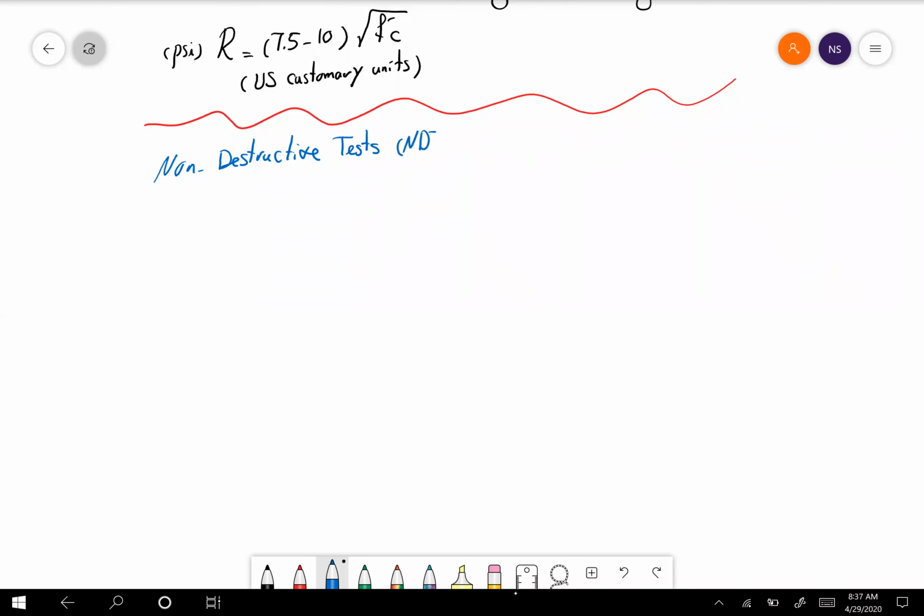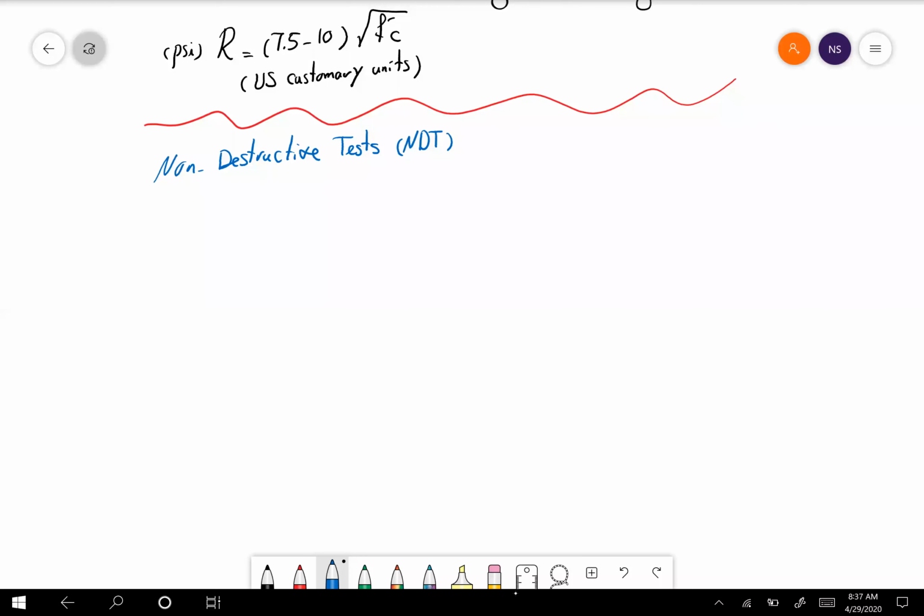or NDT. And non-destructive testing is not only for concrete. They use it a lot in other industries. When you're manufacturing a metal part or any types of manufacturing parts, they do a lot of non-destructive testing to do the quality control of the manufacturing process.